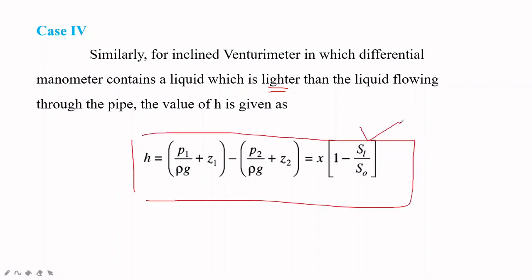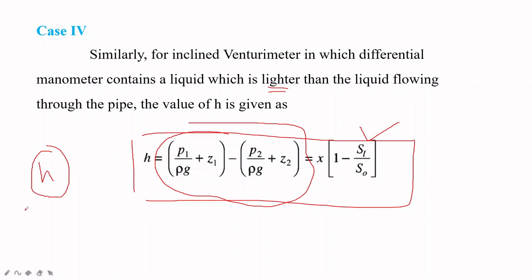This is the case 2 formula, right? We just have to equate it with (P1 by rho g plus Z1) minus (P2 by rho g plus Z2). So this is the derivation, and with it we saw some of the cases regarding the value of the difference of heads in section 1 and section 2.